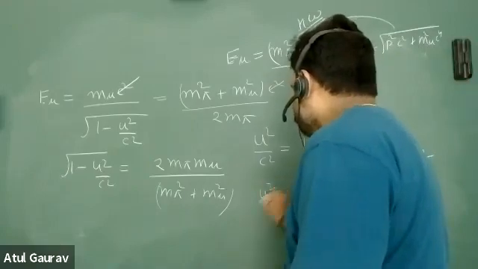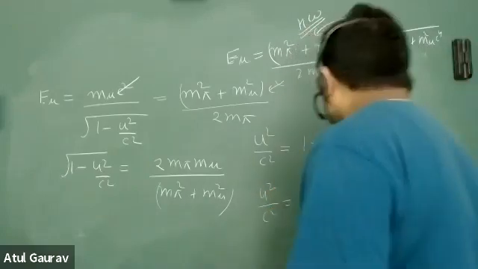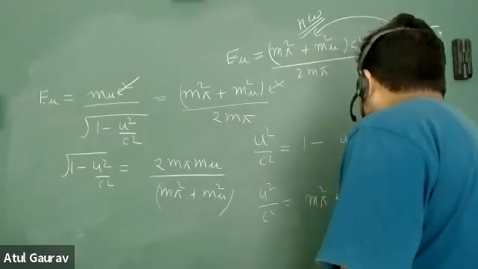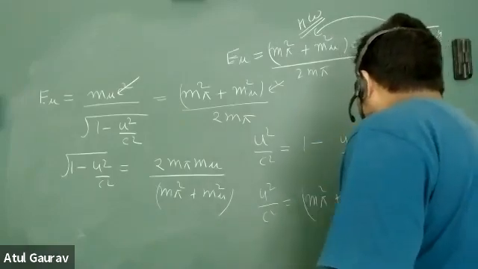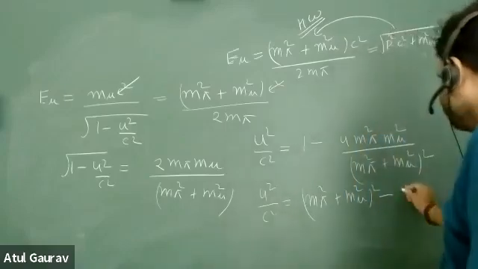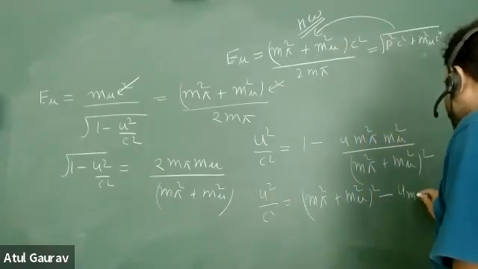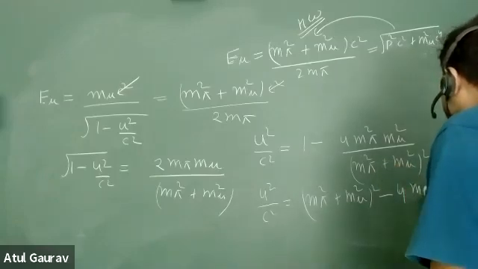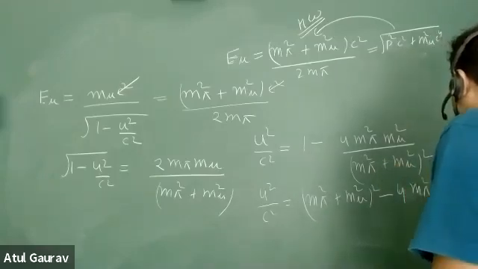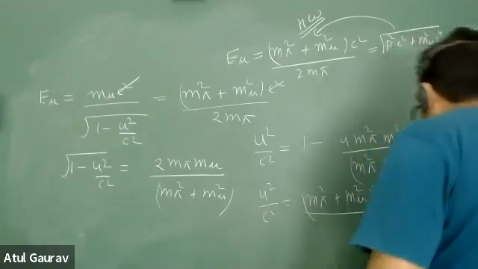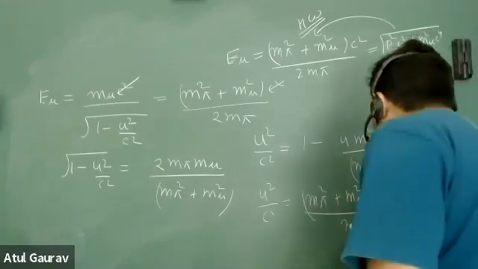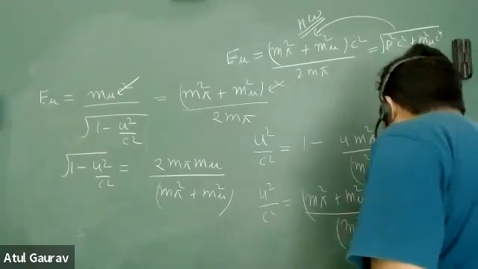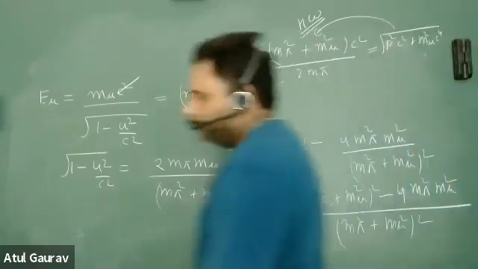So this will be u square by c square is equal to m pi square plus m mu square whole square minus 4 m pi square m mu square by m pi square plus m mu square whole square.